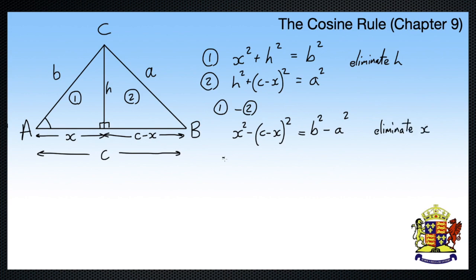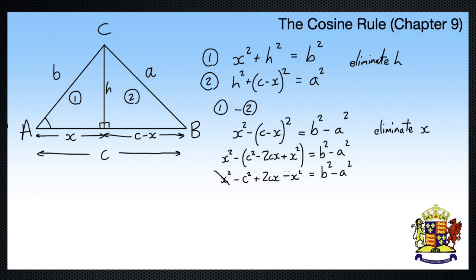So to do this, if I expand this double bracket, I have c squared minus 2cx plus x squared. If I expand this bracket out, I have x squared minus c squared plus 2cx minus x squared equals b squared minus a squared.